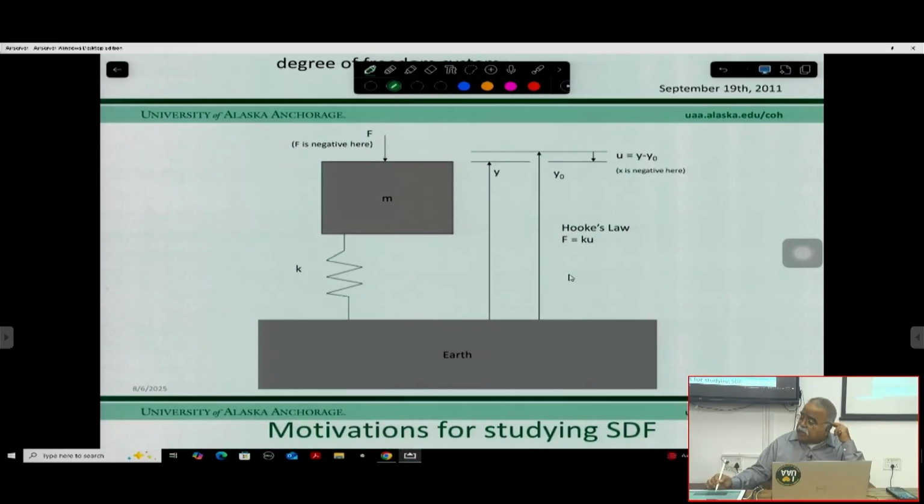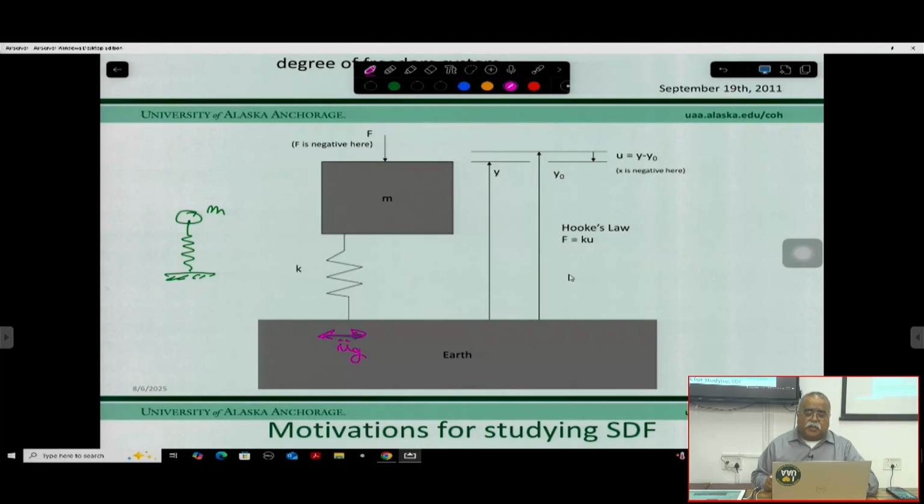Let's see. We have the Earth, and this is our structure, which we always talk about as a lumped mass model. This is your mass, and this is your spring. The Earth will be vibrating with the earthquake, and we call that ug double dot, the ground acceleration.